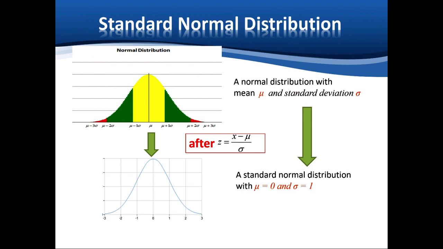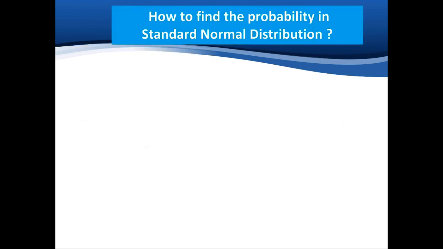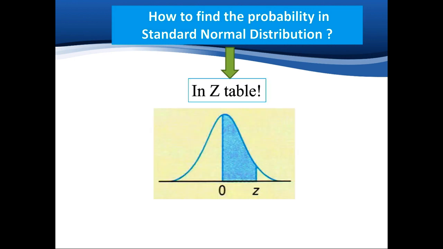So now, let's see how to find the probability in the standard normal distribution using the z-table. First of all, let's see the plot. The shaded area under the curve between 0 and a z-score is the probability.